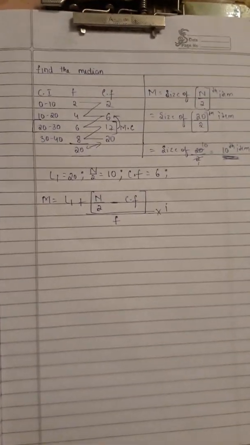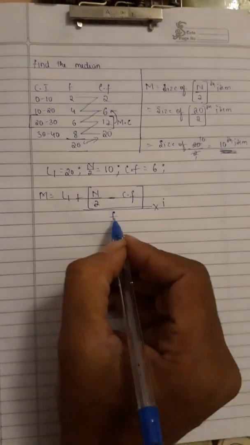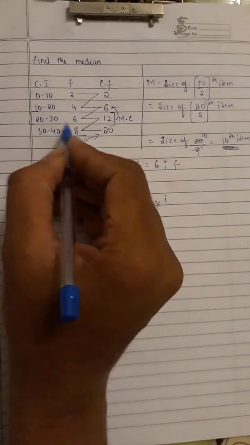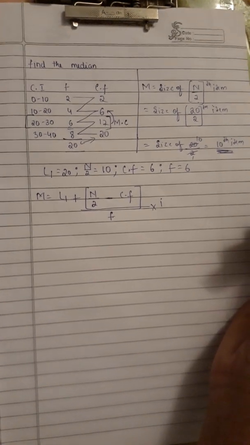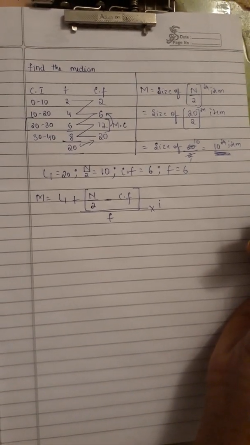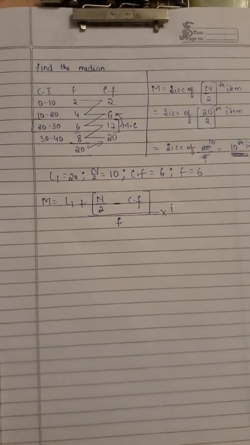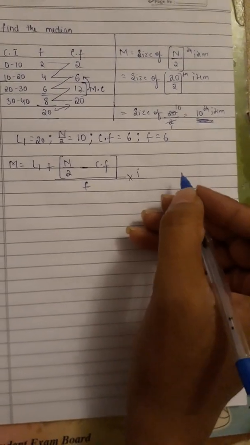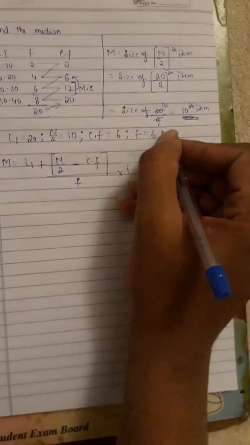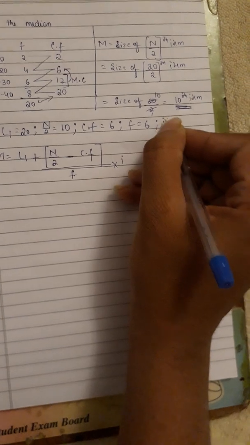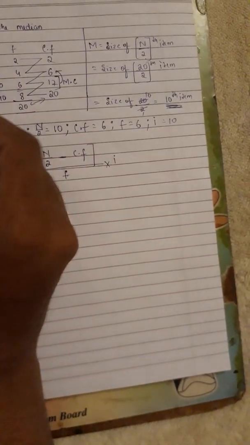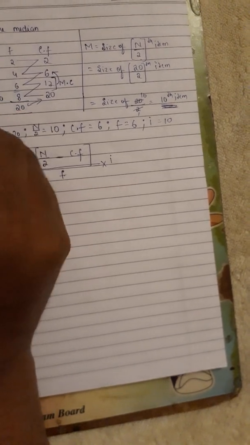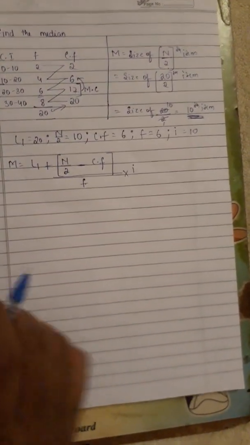Then f is frequency, which is also 6 here. Then i means class interval, which is 10, because 0 to 10, 10 to 20, 20 to 30, it is 10.